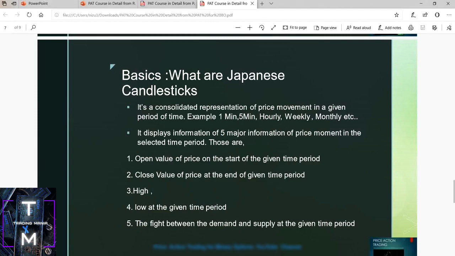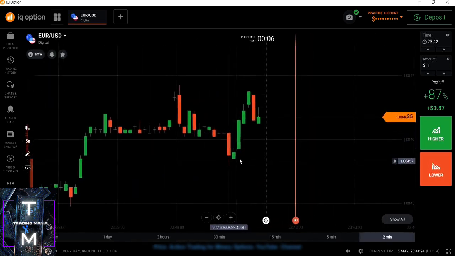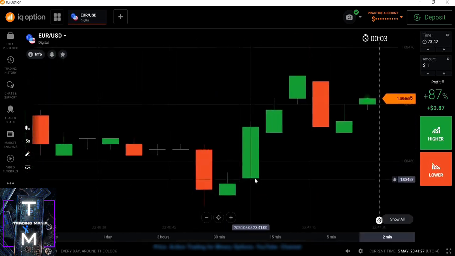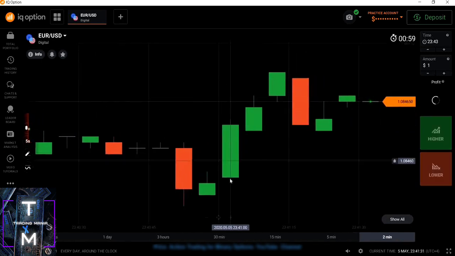What does a candlestick display? It displays 5 major pieces of information, okay, about the price and movement in a selected period of time. Now you might have seen many videos which say it represents 4 major pieces of information, that is the open point, close point, high point, and low point.